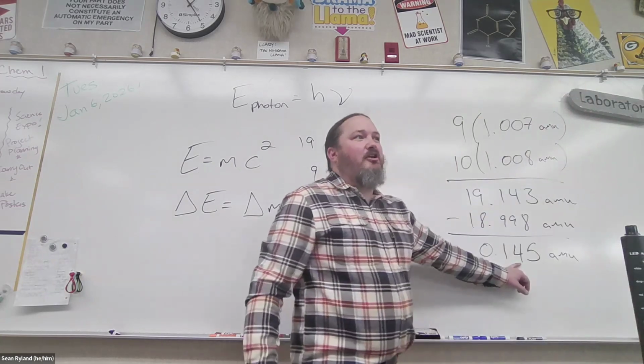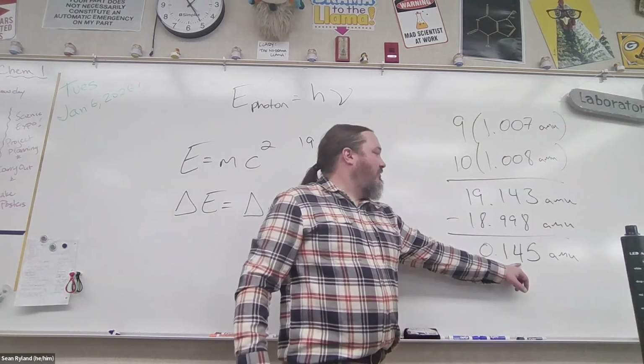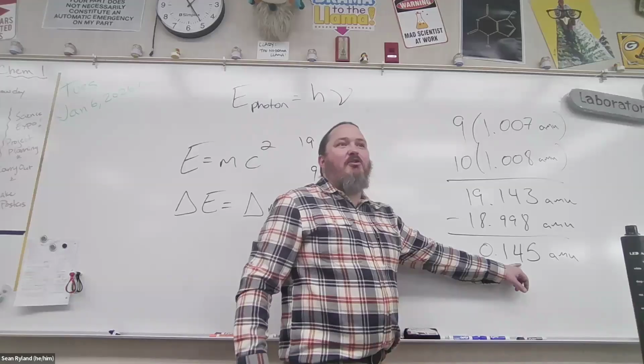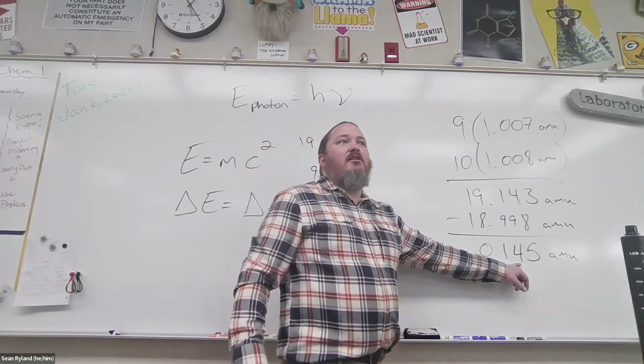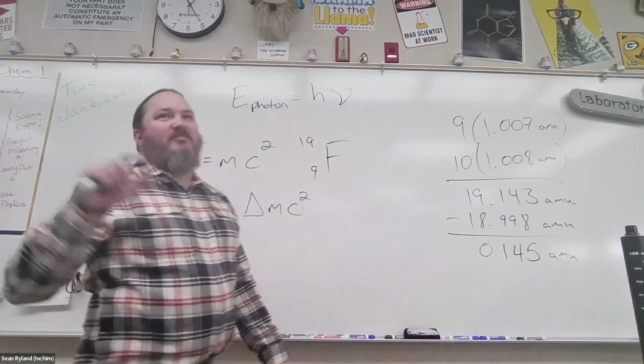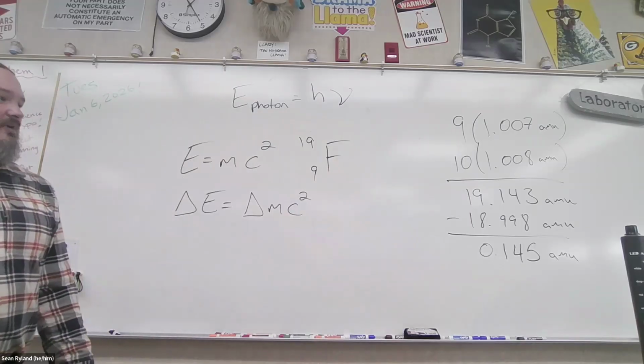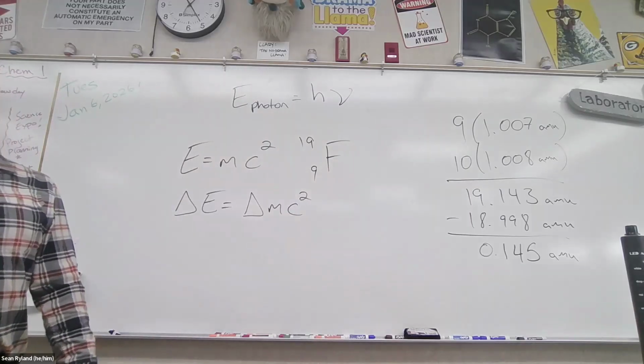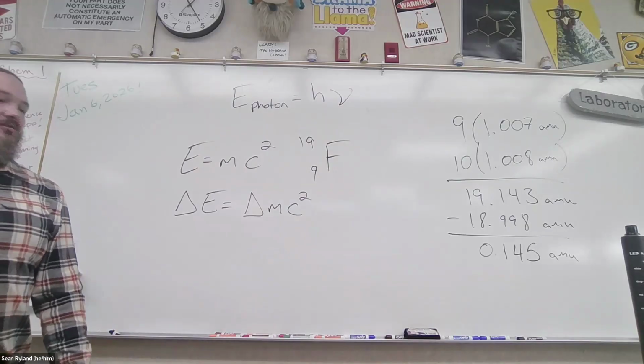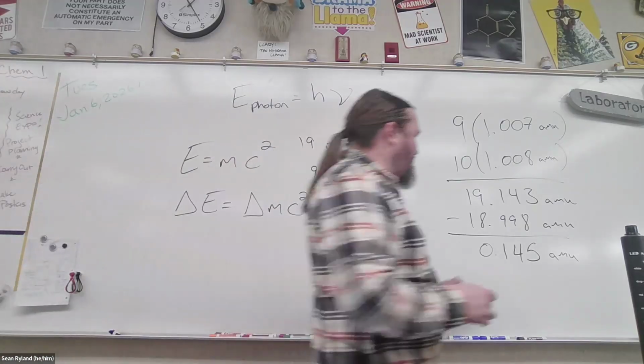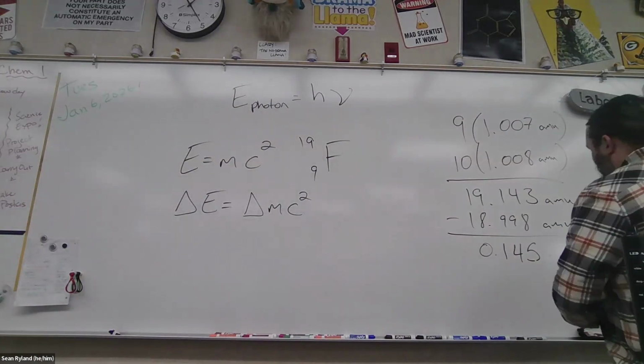So there is a conversion on your conversion sheet for AMU to kilograms. That would give you the mass in kilograms of a single atom. If we want to do it in terms of moles, we can also just write this as grams per mole.